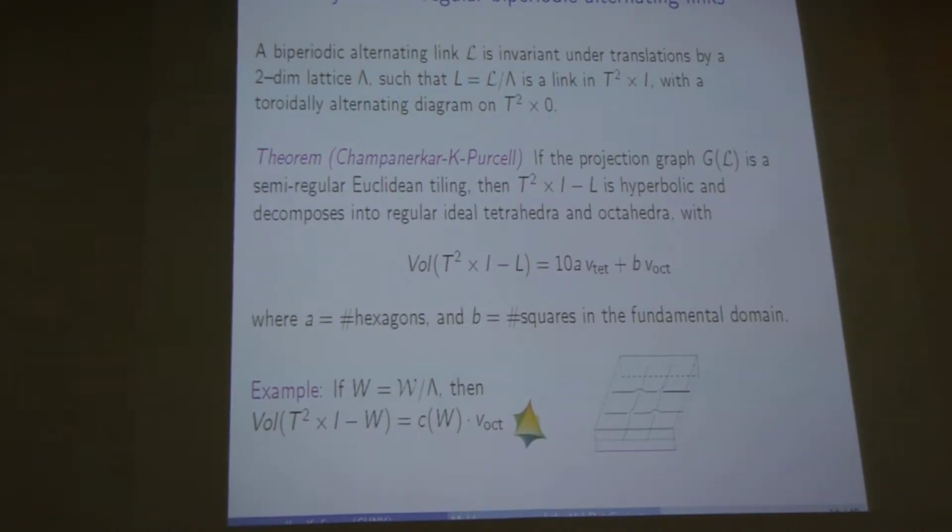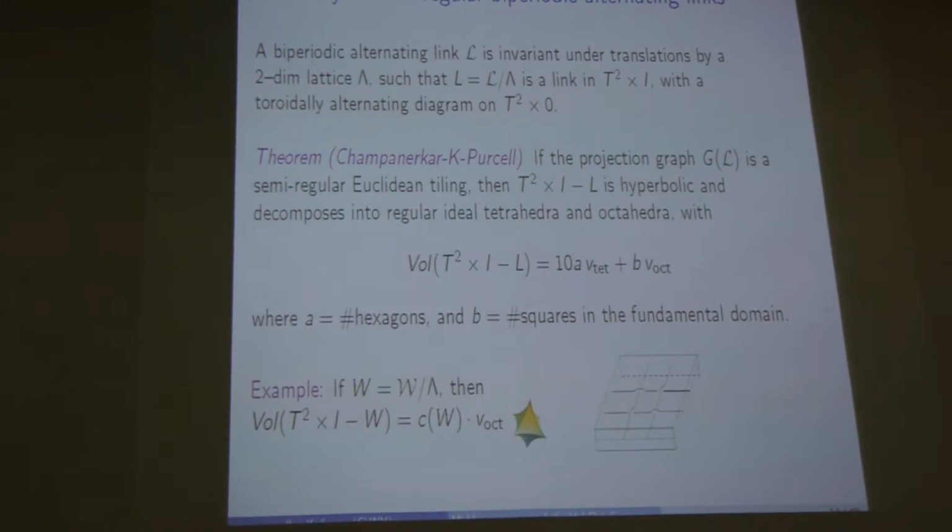Now, in general, we want to talk about a biperiodic alternating link, which is invariant under translations by a 2-dimensional lattice, such that the toroidal quotient link is a link in T² × I with a toroidally alternating diagram on T² × 0. What we proved is that if the projection graph is a semi-regular Euclidean tiling, then T² × I minus L is hyperbolic.